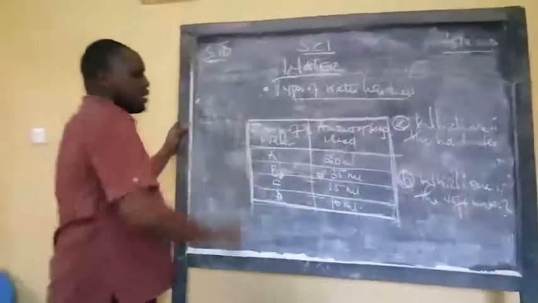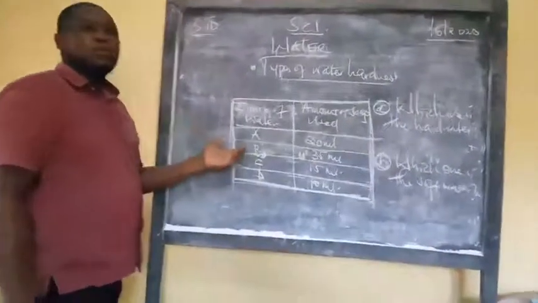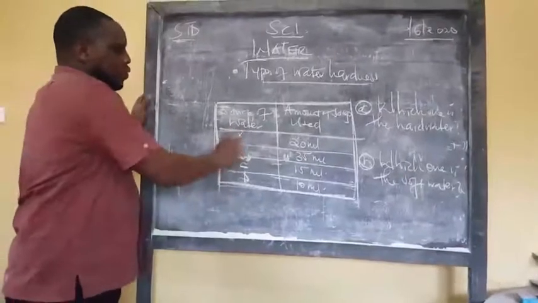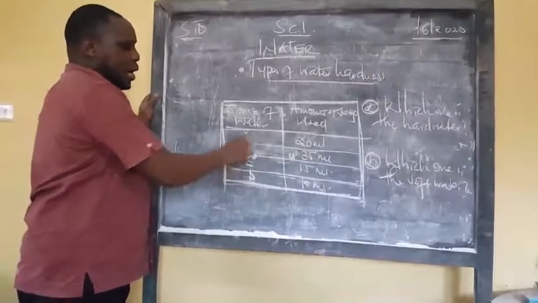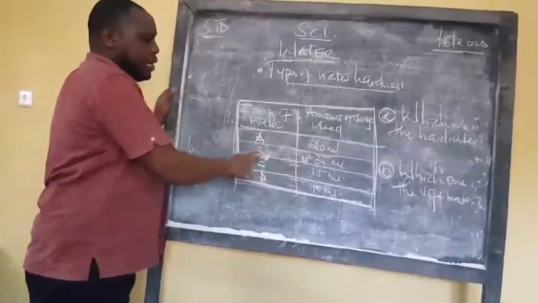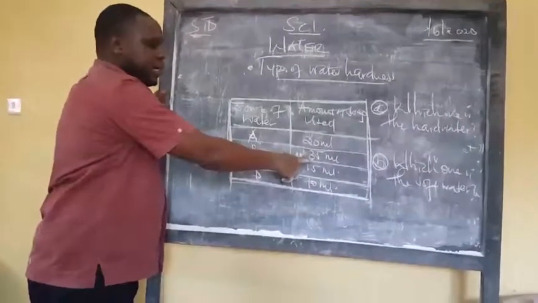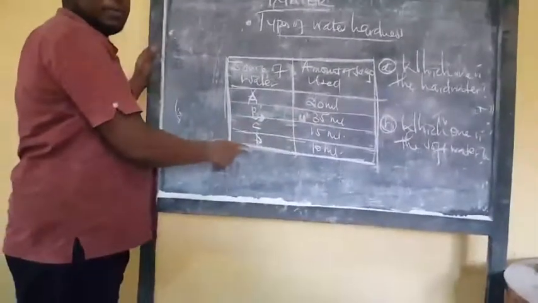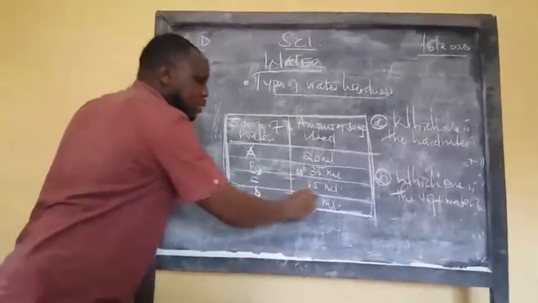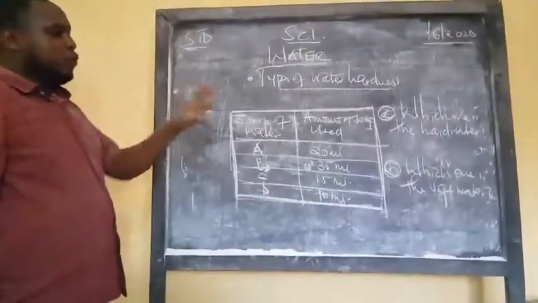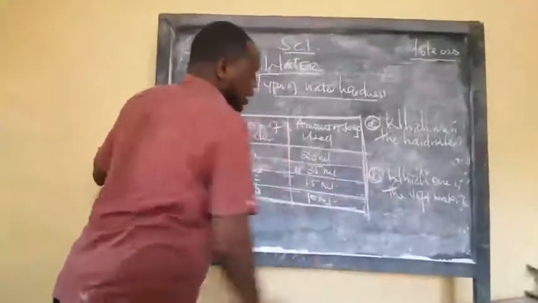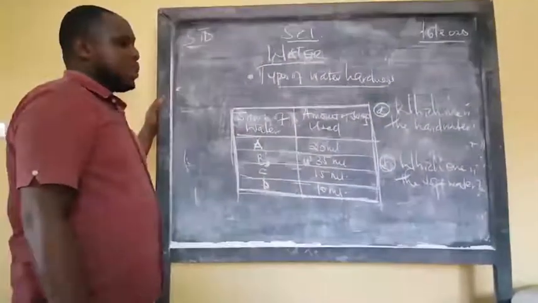So remember what we said, the surest way to test for hardness is by lathering. So when we lathered these 4 different types of water, A lathered completely after adding 20 ml, B lathered completely by using 35 ml, then C lathered completely by using 15 ml, and then D lathered completely by using 10 ml. Now from our chart here, we can tell which one is hard water and which one is soft water.